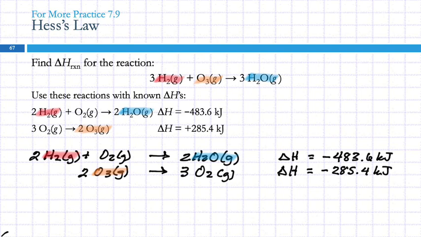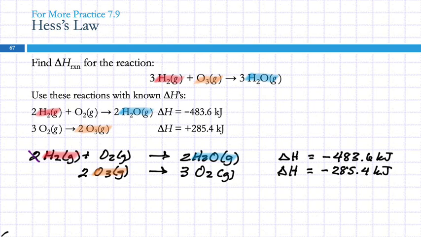I'm going to do this again to avoid fractions. I need these oxygens to cancel out. I have 1 oxygen on that side and 3 on this side. I could multiply by a third, but I don't want to do that. So I'm just going to multiply this one by 3, so I get the same number. It's a little bit like the half reactions.